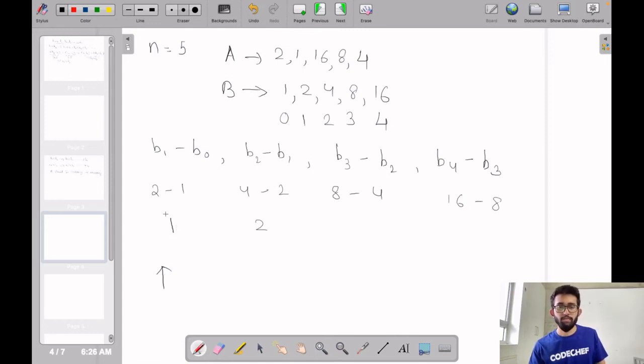We check whether twice of this is equal to this, or we check whether twice of this is equal to this or not. Basically we just check which condition holds. So in this case we see 2 into 1 is equal to 2. So we have a condition that holds. So now we move forward.